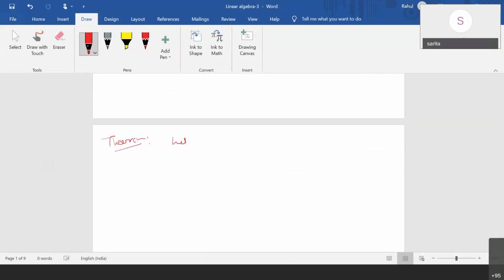Theorem: let T: V → W be a linear transformation, then T is 1-1 if and only if kernel T is 0. What is kernel T? Nullity of T, dimension of null space.